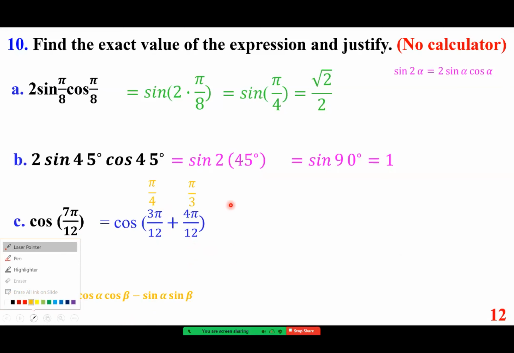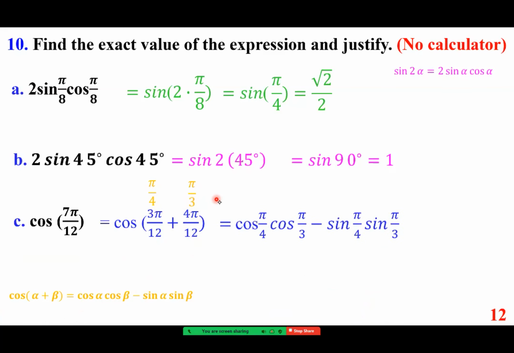And both of them are common arcs, and that's really the key. So according to this formula, therefore, you have cosine alpha, cosine of pi over 4, cosine beta, cosine of, instead of 4 pi over 12, write pi over 3, minus sine of pi over 4, sine of pi over 3.